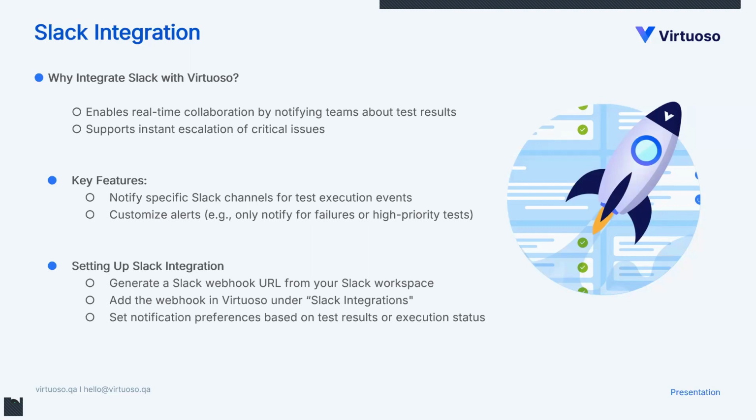One would be your Slack webhook URL, from the app that you're going to create. Once that app URL is done, we just need to add our Virtuoso app and add that webhook. And you just have to click on the notification preferences from your execution status. So those are the very simple steps we need to do for Slack integration.